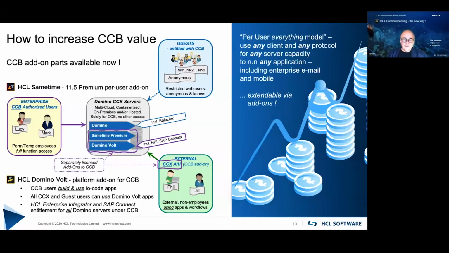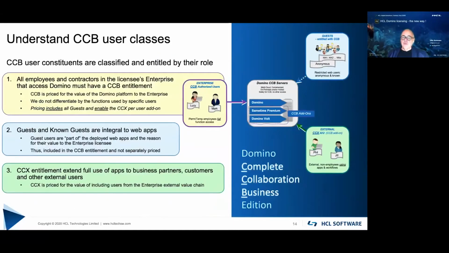So adding Vault permits you to use the Enterprise Integrator and the SAP connector for your entire Domino real estate if Vault is added to CCP, which is a very attractive price-wise extension to everything we provide. Now, to sum up on the user constituents, we have basically three classes of users.